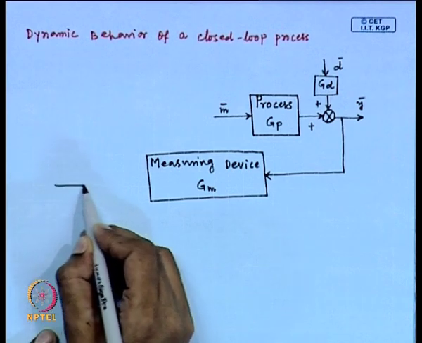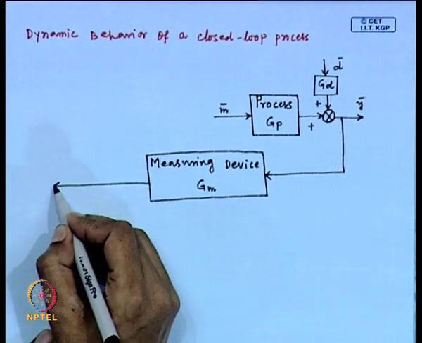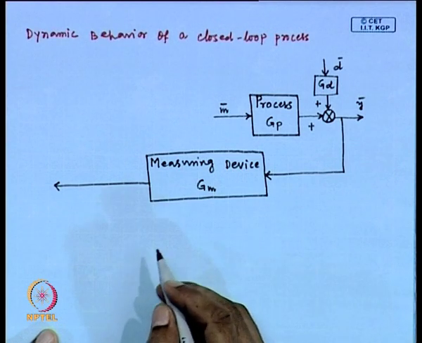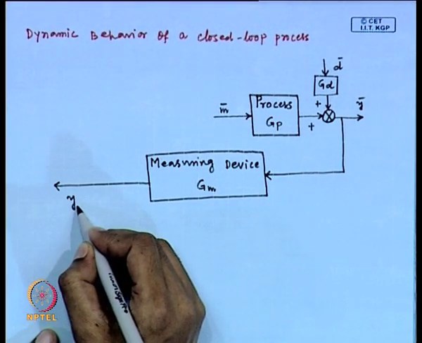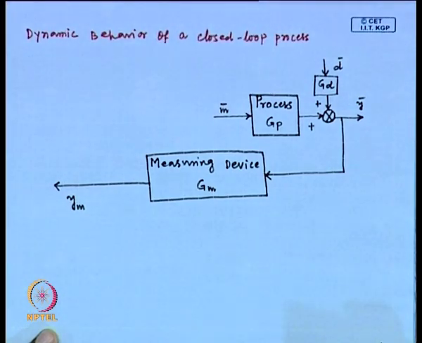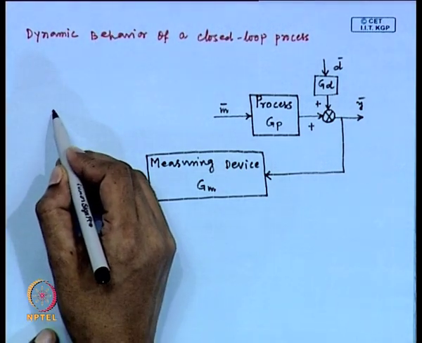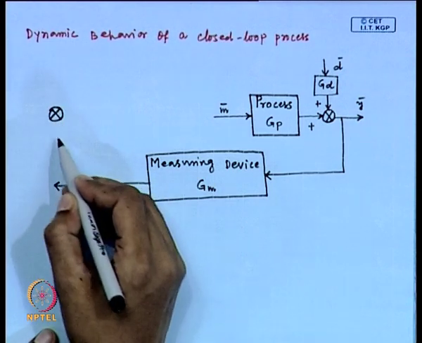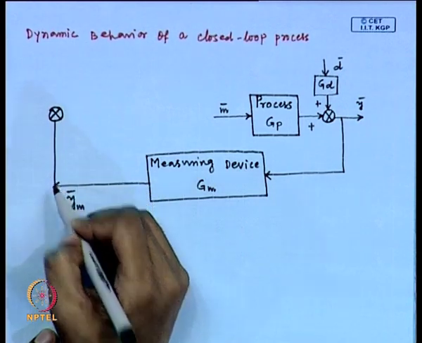Now, the measured output usually differs from the actual output. So, we will represent the measured output by y suffix m.